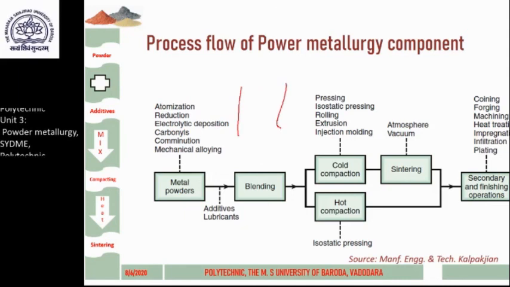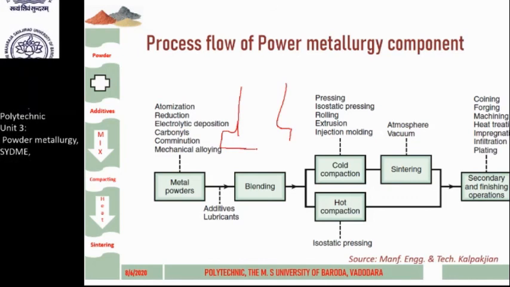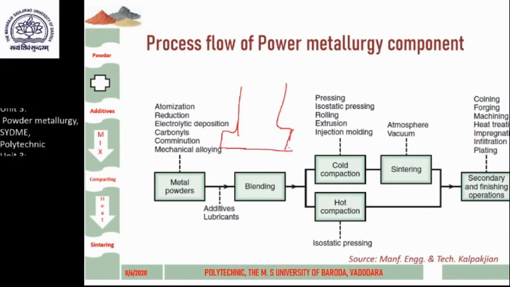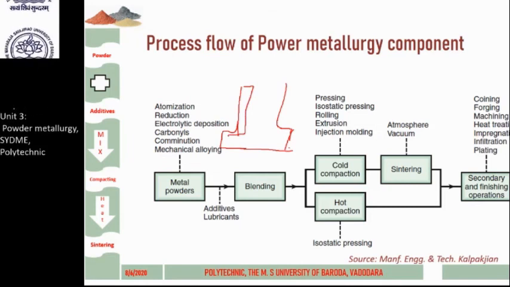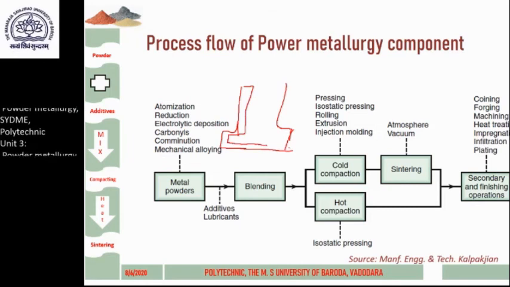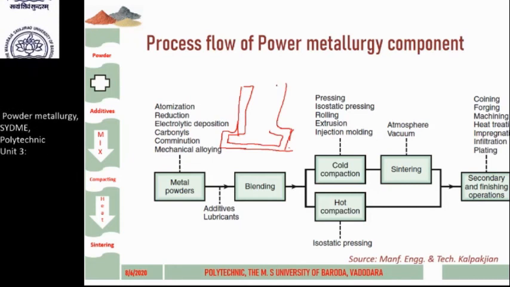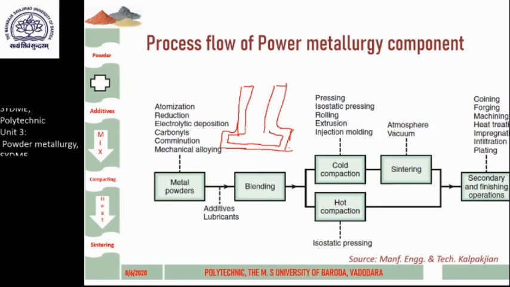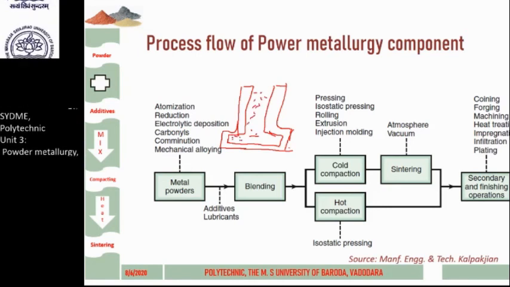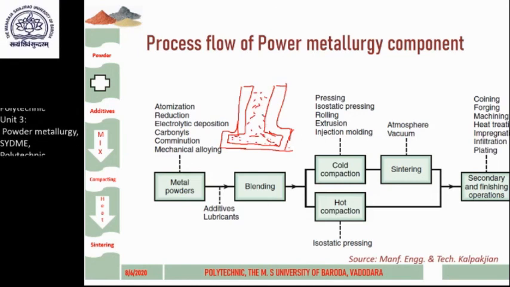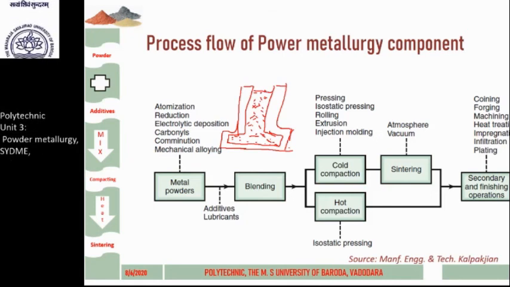Say this is the type of product that we want to manufacture, and so this becomes our die, and it has a particular shape which can hold the powder. So the thoroughly mixed powder is filled in over here, it is compacted, and then we have a plunger.